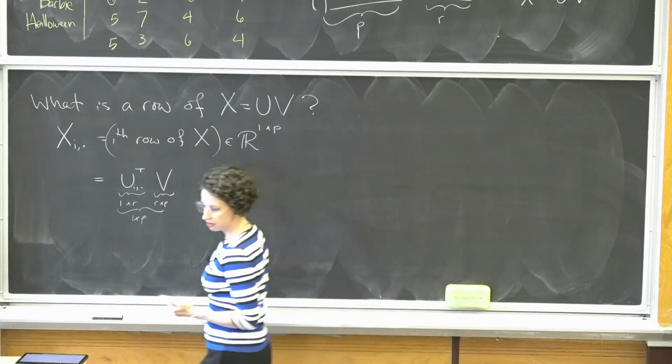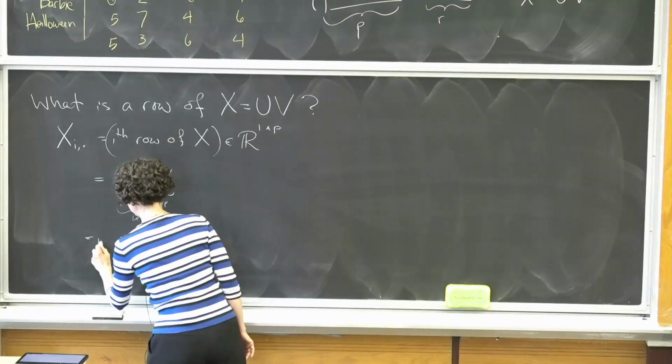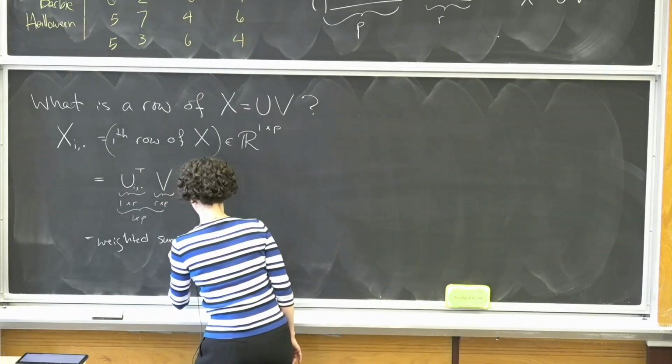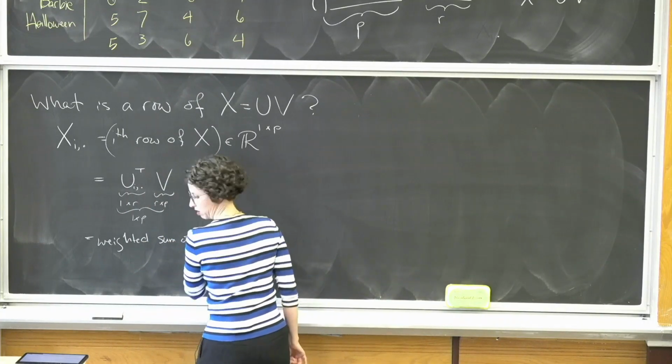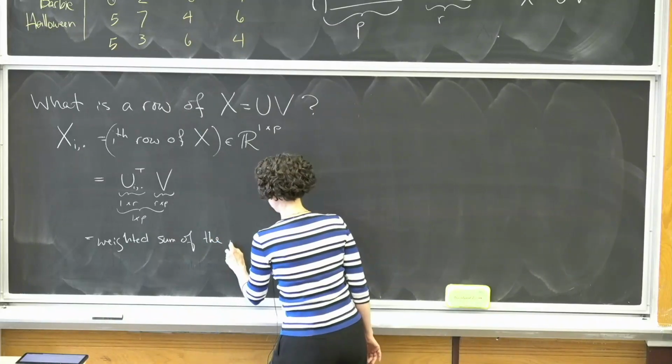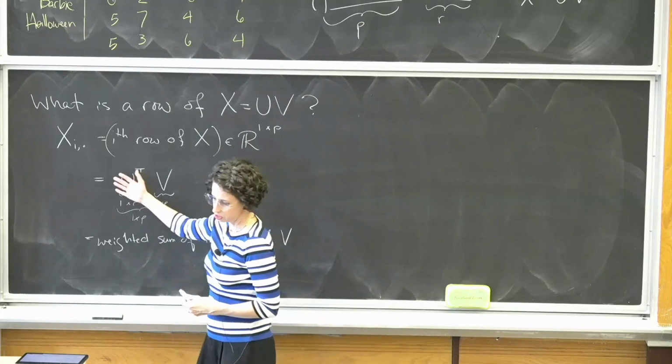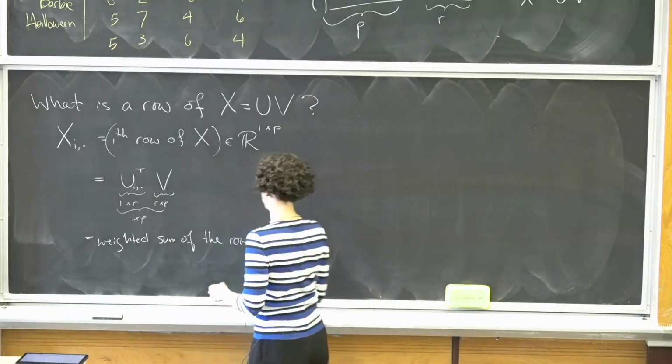We can also think about this as a weighted sum of the rows of V, where the ith row of U is telling us the weights.